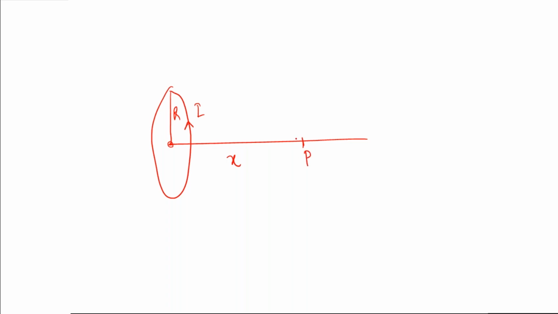Do you people remember what the expression for this was? Who can tell? Kirtana, what is the expression? Actually, the expression is mu0 I r square divided by 2 into x square plus r square whole to the power 3 by 2.